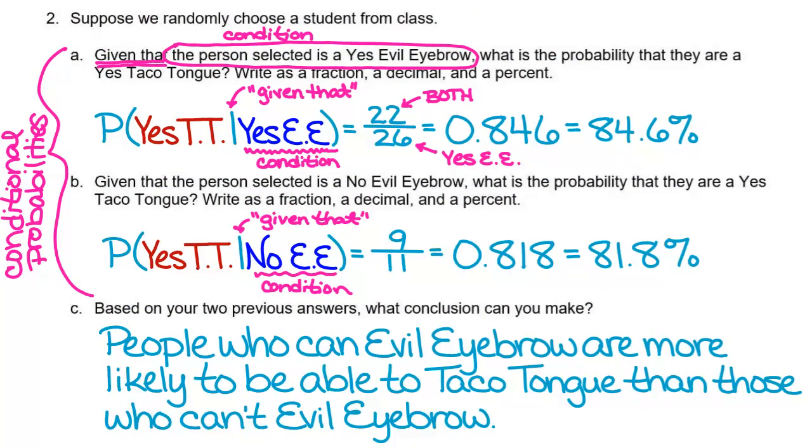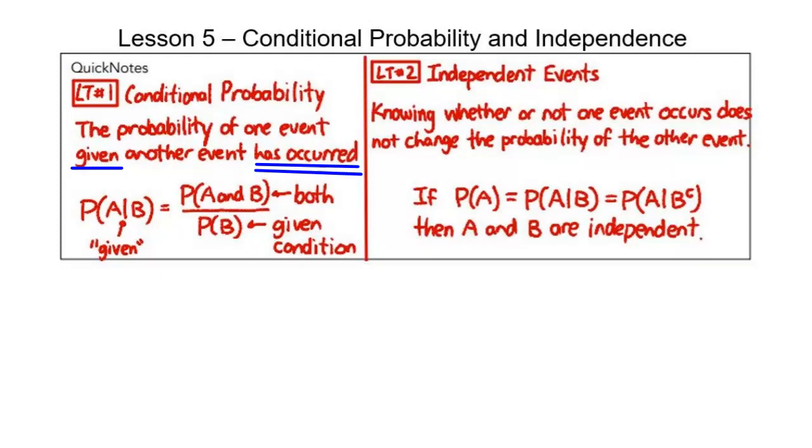So we have both up on top and our condition on the bottom. Oops, I went one too far. Independent events: knowing whether or not one event occurs does not change the probability of the other event.